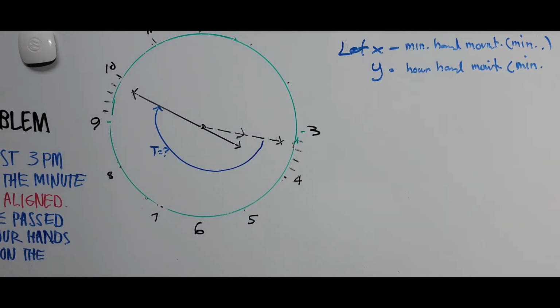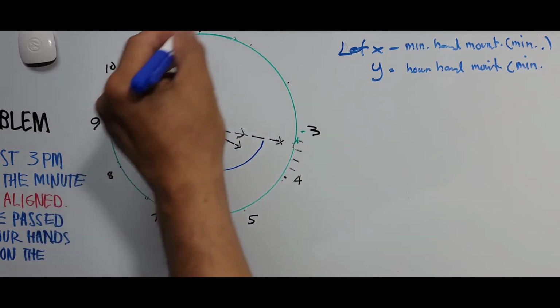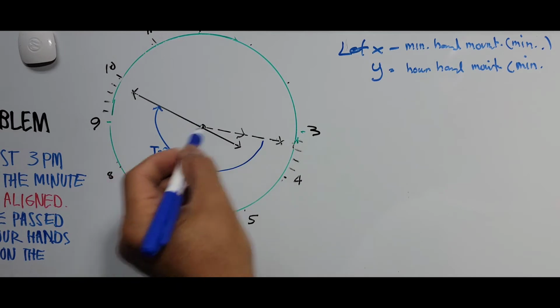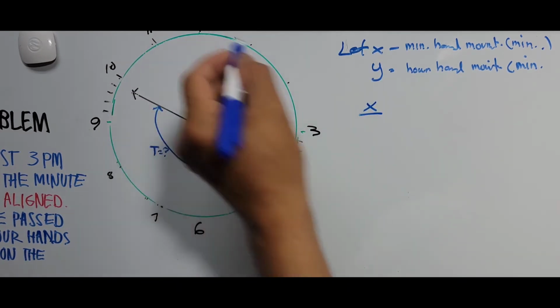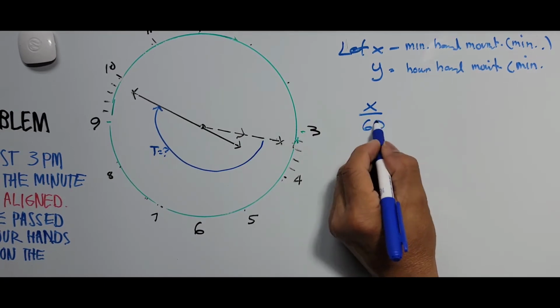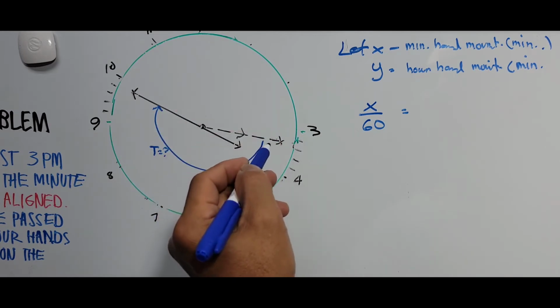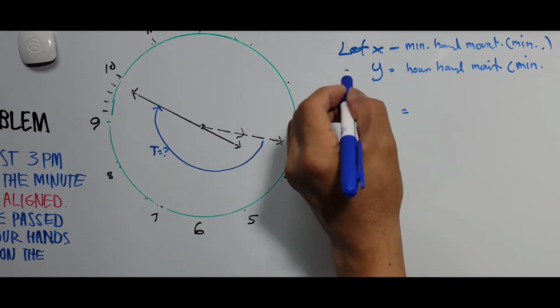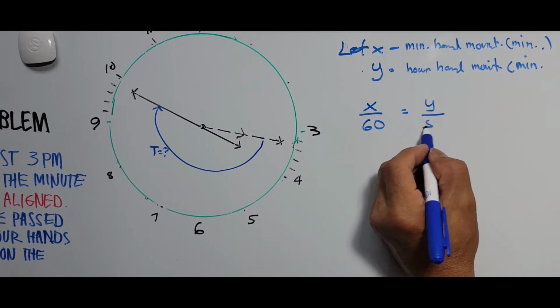To illustrate what was shown on the actual analog clock, when the minute hand moves one whole rotation, that's x, it moves 60 minutes, and yet the hour hand just moved 5 minutes. Since the hour hand movement is y, the movement of the hour hand is just 5 minutes.